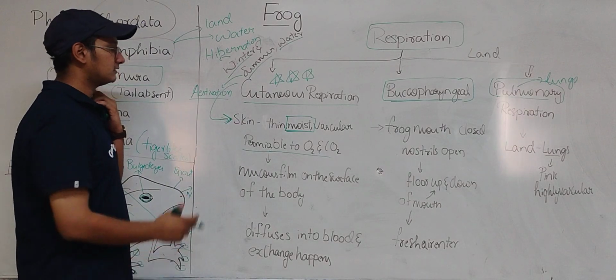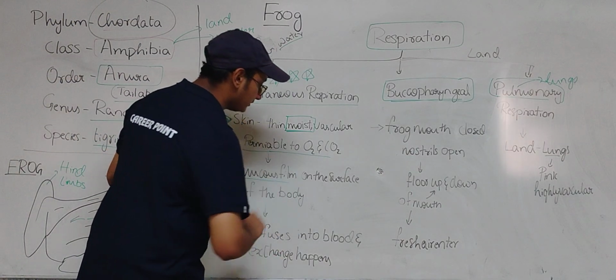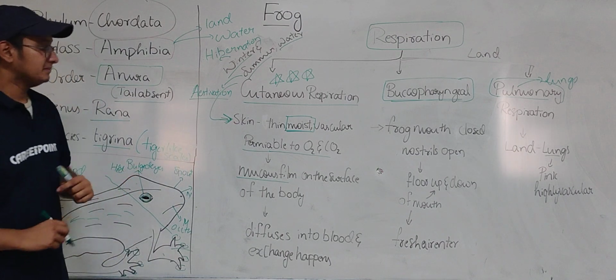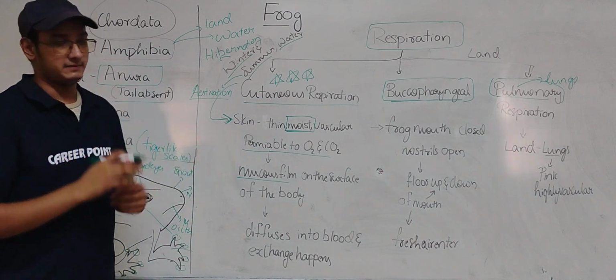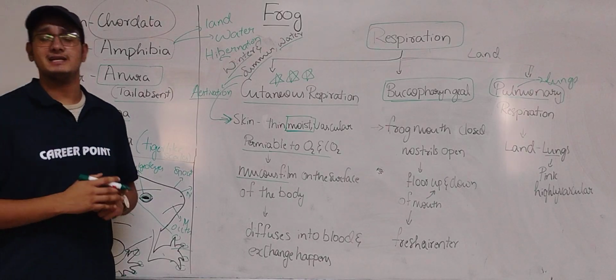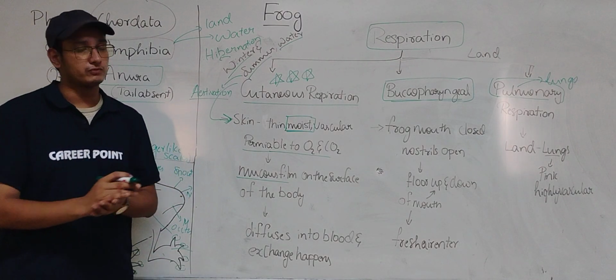And here the respiration happens through the mucous film, which is present on the outer surface of the skin. So this is about respiration. In the next class we will see the different kinds of systems which are present in the frog. Thank you.